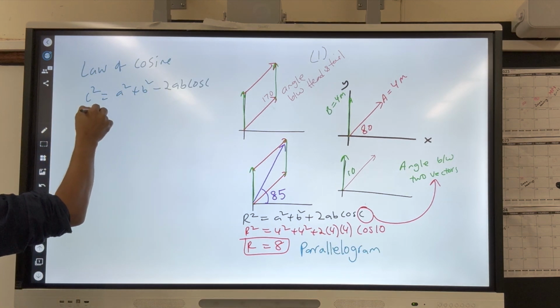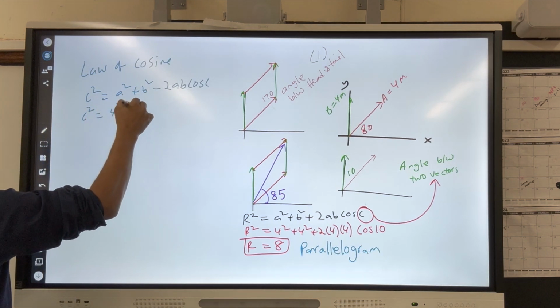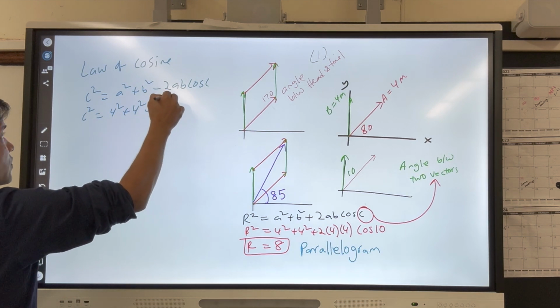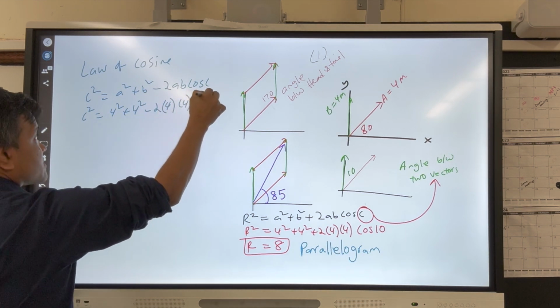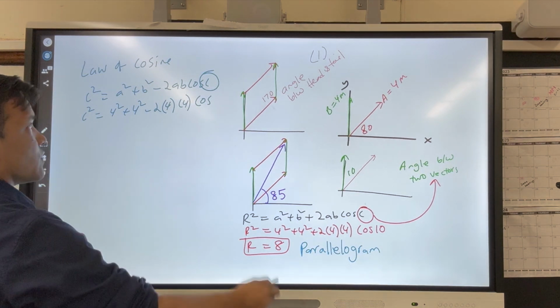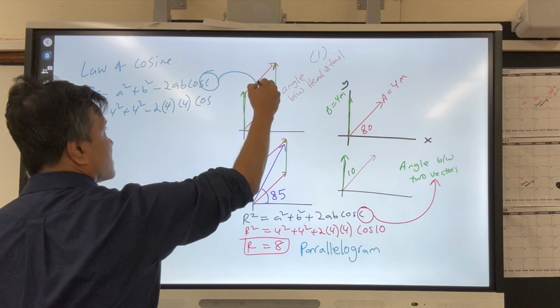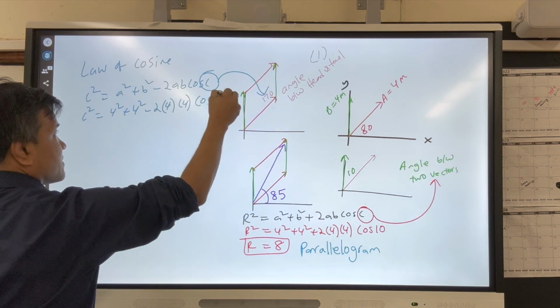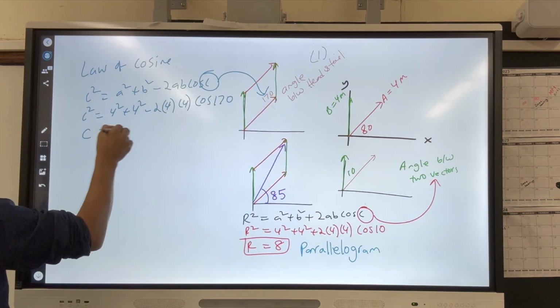So c squared is equal to 4 squared plus 4 squared minus 2 times 4 times 4 cosine c. What is c? Now you have to be careful, c is the angle between head and tail. So 170.